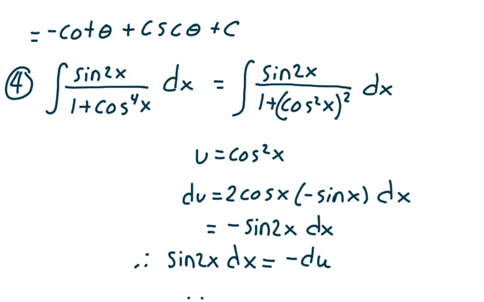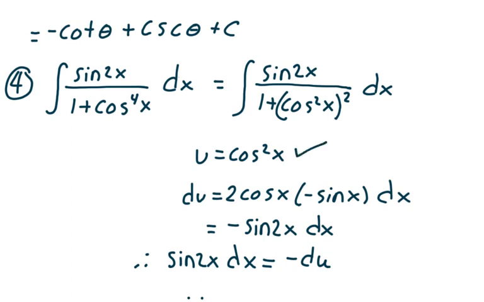And let's take a look at number 4. Suppose we have the integral of sine 2x divided by 1 plus cosine to the fourth x dx. So this is sine 2x divided by 1 plus cosine squared x quantity squared dx. Substitution.